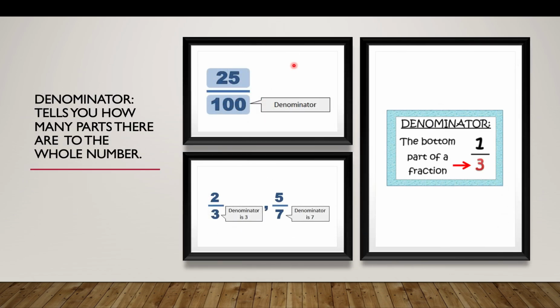The denominator tells you how many parts there are to the whole number. The whole number should have 100 in this part, down here the whole number should have 3, the whole number should have 7, and over here the whole number should have 3. You may have remembered this from third grade, or fourth grade. So that's what those are.